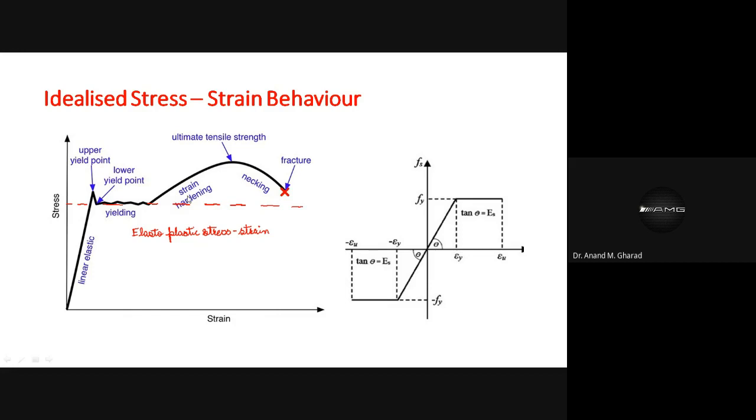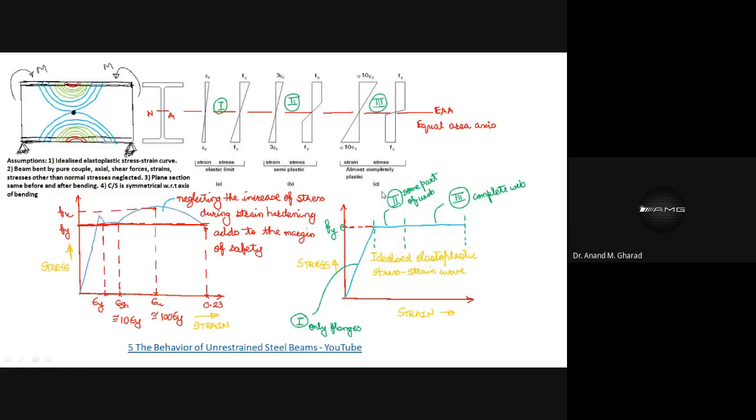So the scientists have considered the behavior of the stress strain curve in tension, and you can consider this to be the tension case and this to be compression, the same, in this manner. Right? So these are a few assumptions.